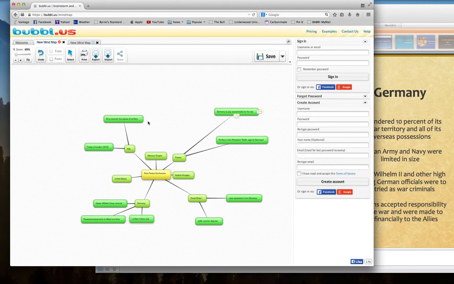Same with Italy. Five or six of you are going to be delegates representing Italy. Same with the United States, Germany, Great Britain, and Austria-Hungary. What we're going to do is all do research for our respective countries, and we're going to come back and talk about the terms and conditions of the Paris Peace Conference.